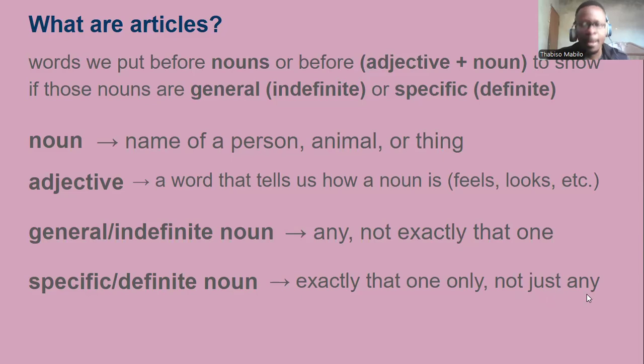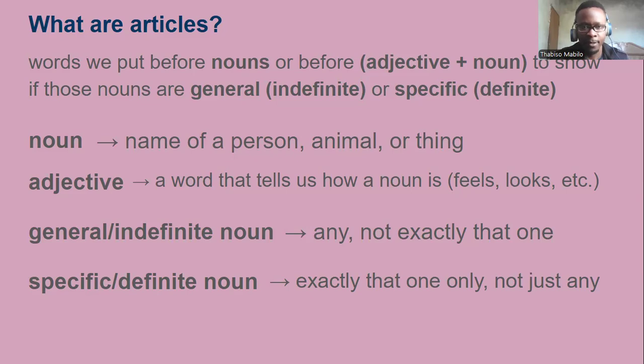It's like when I say, give me the blue pen. I mean this one, specifically this one, not just any, but this one. Okay? So that is a definite noun. Now we use these articles to show if the nouns that we are referring to are general or they are specific.